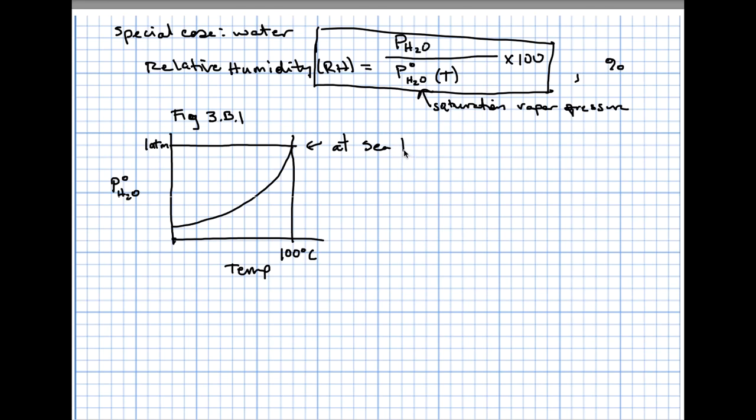So at sea level, where the pressure equals 1 atmosphere, water boils at 100 degrees C. Because the partial pressure of water then equals the atmospheric pressure.